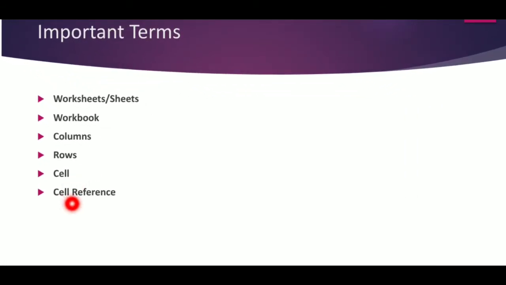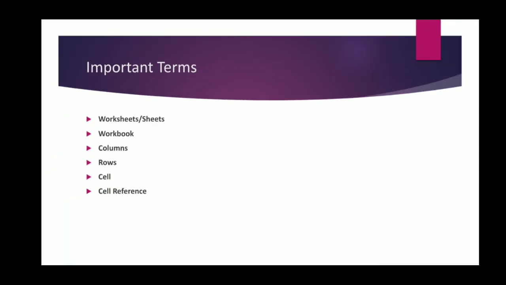A cell reference is the column letter and row number identifying a single cell. For example, A1 is the cell reference of the selected cell in the worksheet shown. A cell reference can be thought of as a cell's address. The address of the first cell in a worksheet is A1.